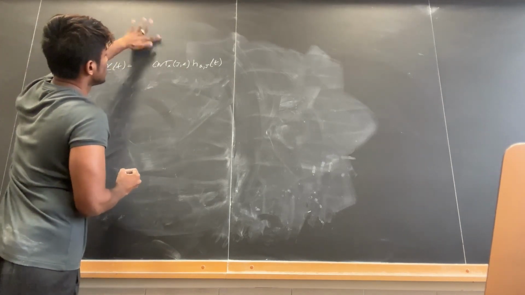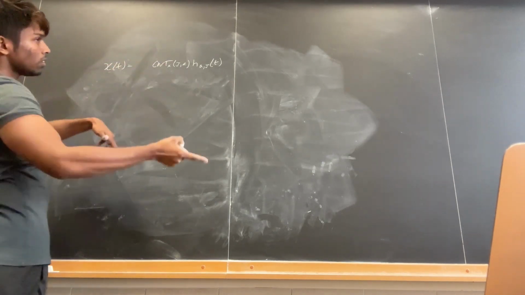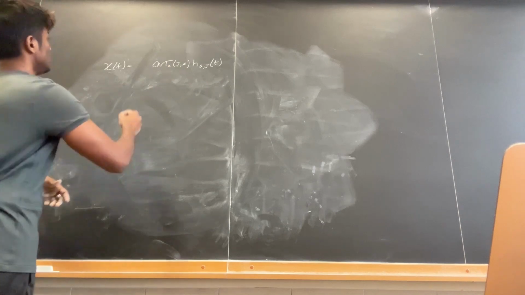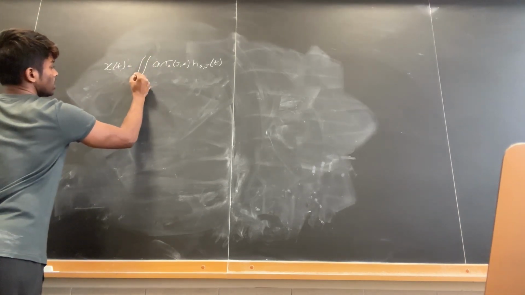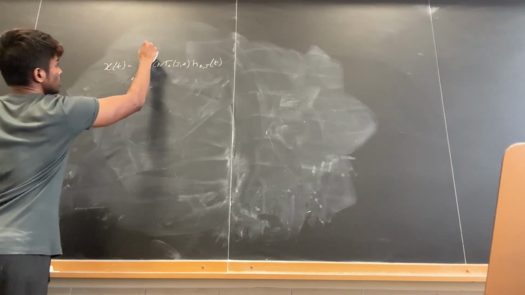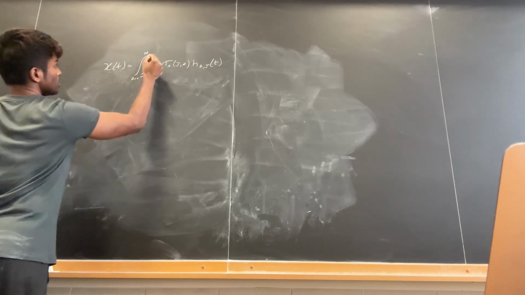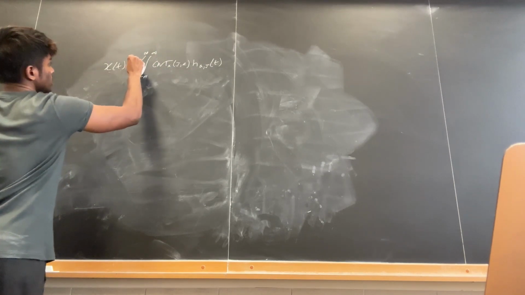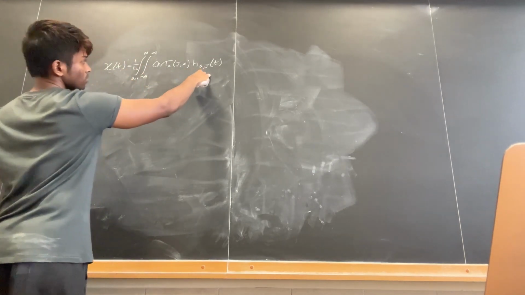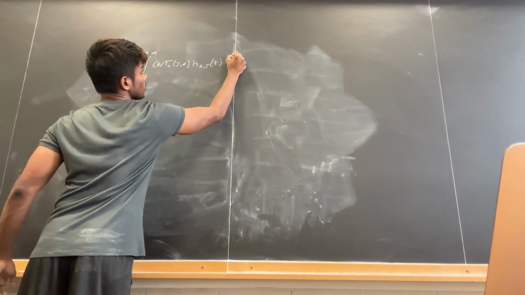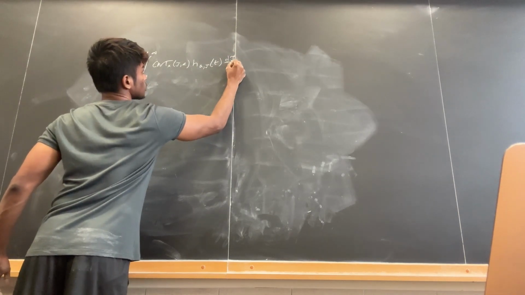Since it is varying over a and tau, the synthesis should have a double integral where a goes from 0 to infinity and tau varies from minus infinity to plus infinity, and there is 1 by Ch, and this is d tau divided by a square.